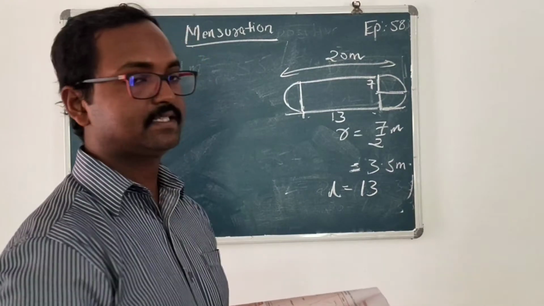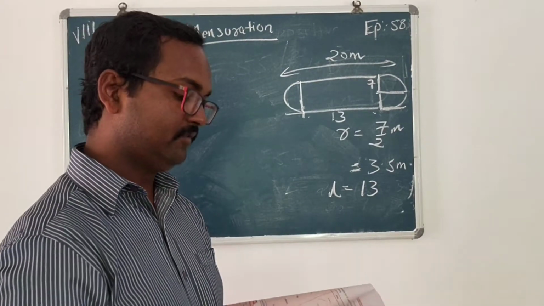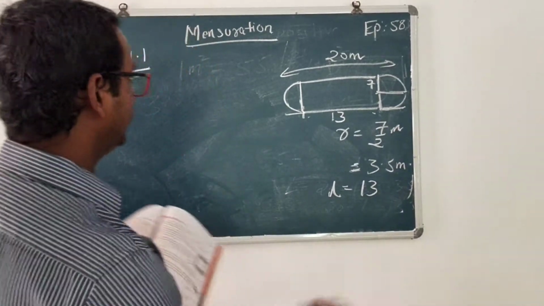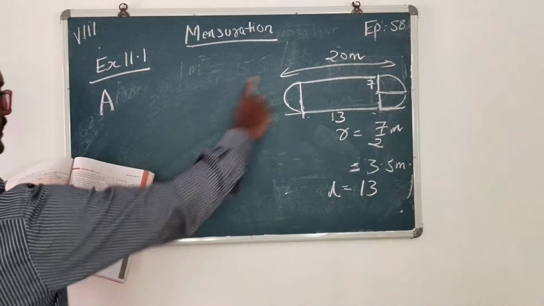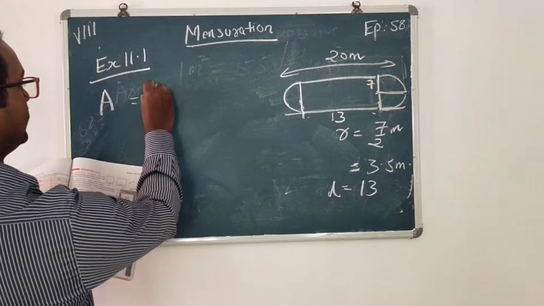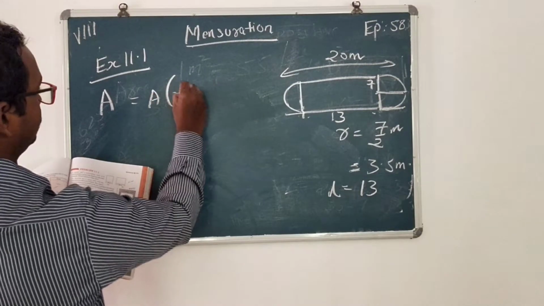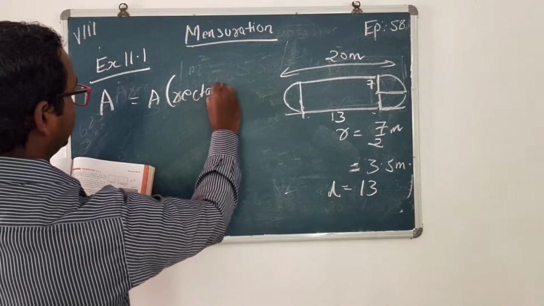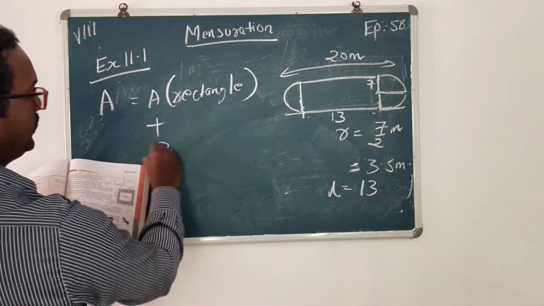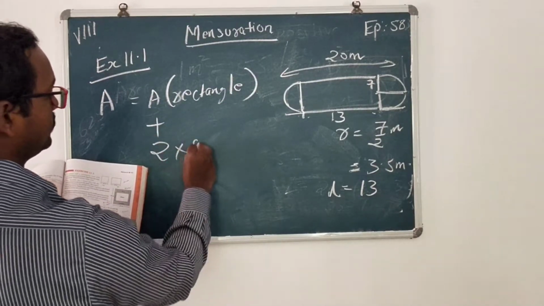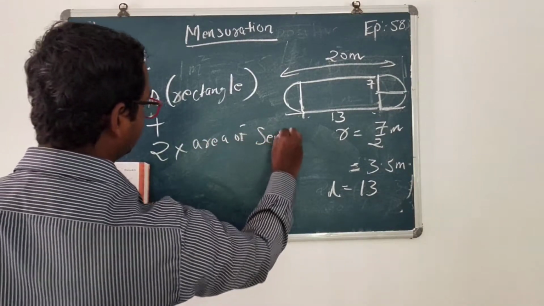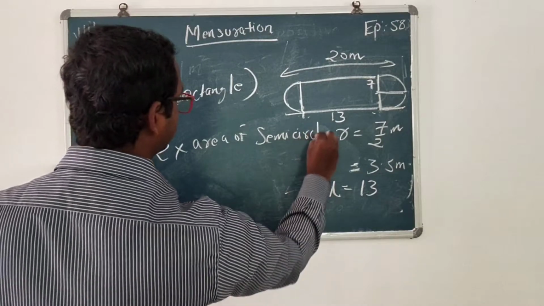Okay, in this question, let us start with the area first. To find the area of this entire diagram, the area is going to be the area of the rectangle plus 2 into the area of a semicircle.